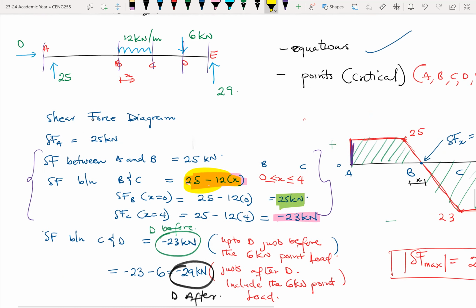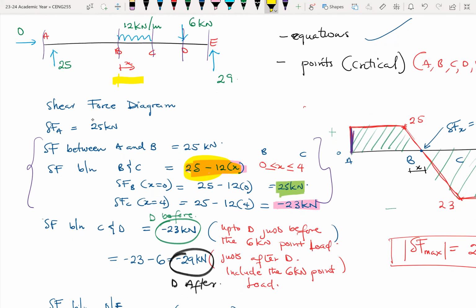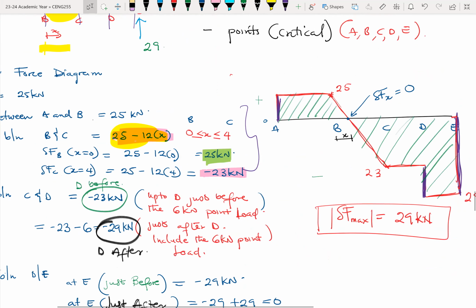So that's the shear equation between B and C, and that is where the maximum bending moment would occur, right? If you go back to the diagram, between B and C you have a point where the shear is 0. So we are equating it to 0 and then find x and use x to find the maximum moment. Thank you, sir. You're welcome.